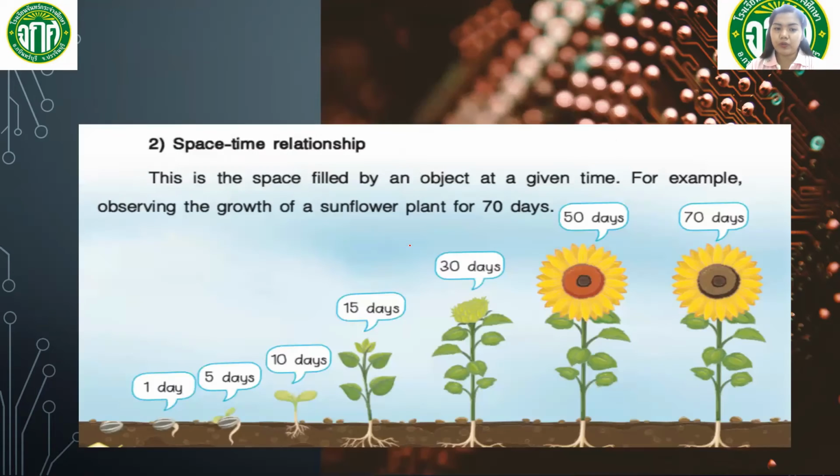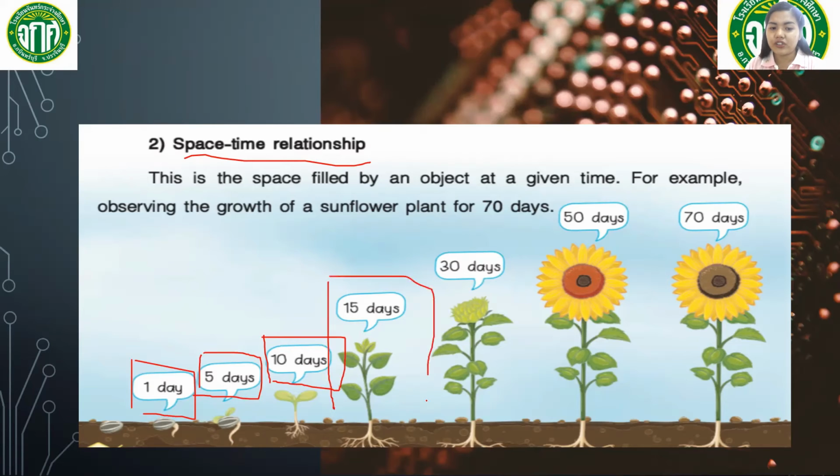Let's move on to number 2, space-time relationship. Okay, so this is the space filled by an object at a given time. For example, observing the growth of a sunflower plant for 70 days. In one day, we have a sunflower seed. After 5 days, there is already a cotyledon. After 15 days, we have a fully grown sunflower plant.